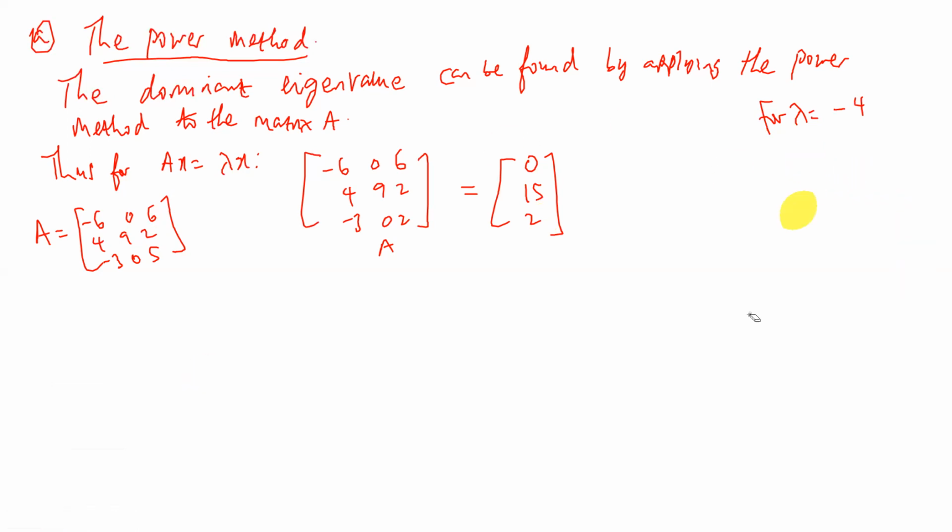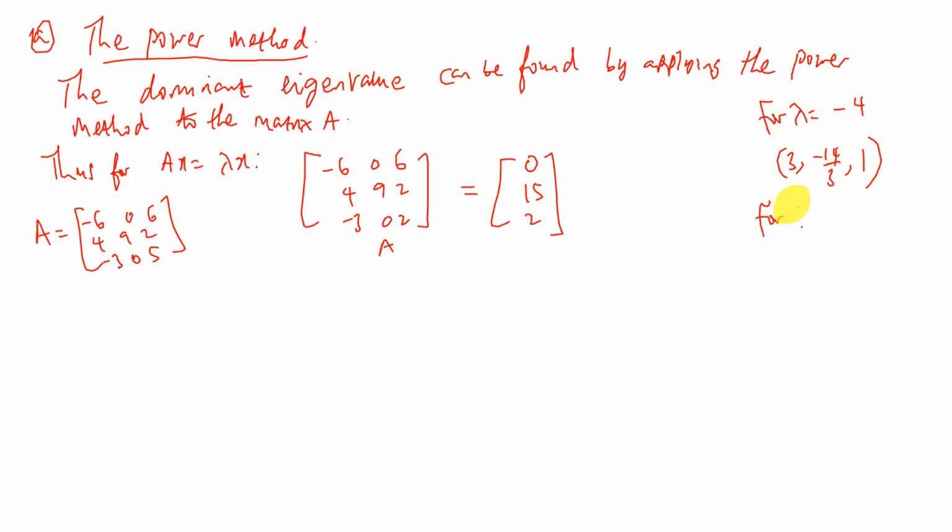This is a powerful method, but it comes in the exam, so we need to be familiar with it. For lambda equals minus 4, we got 3, minus 14 over 3, and 1.